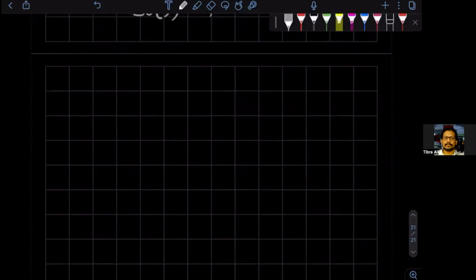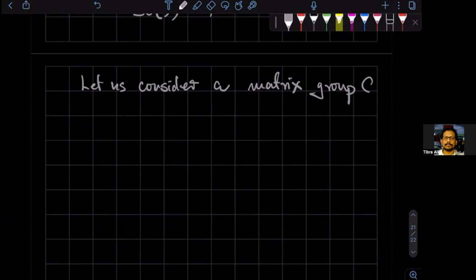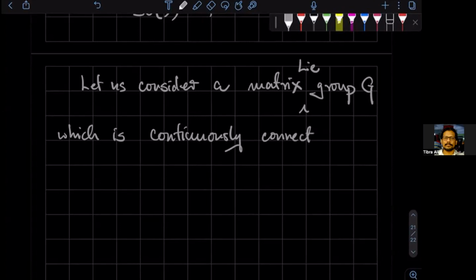Okay, let us consider a matrix group, say G. Let us consider a matrix Lie group G, which is continuously connected to the identity.